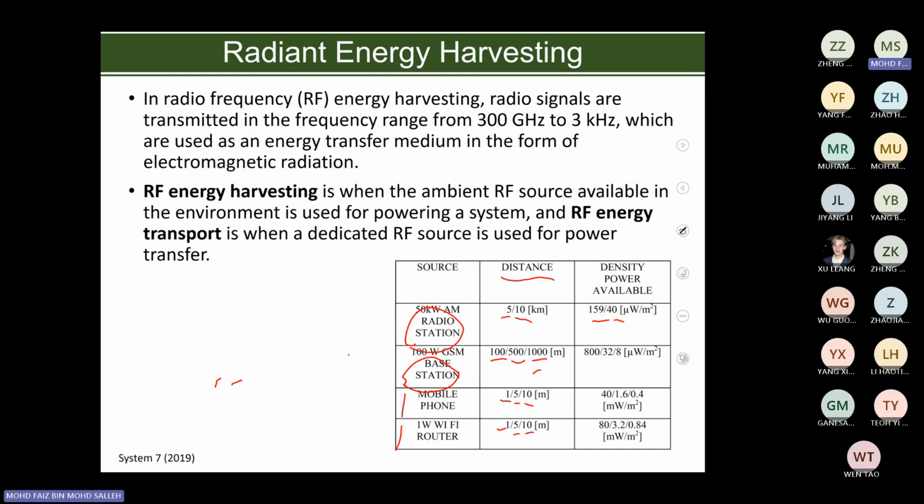Okay, your handphone. When you buy a handphone, did you read the electromagnetic quotient, the radiation? We have a standard that the phone cannot exceed some level of radiation.